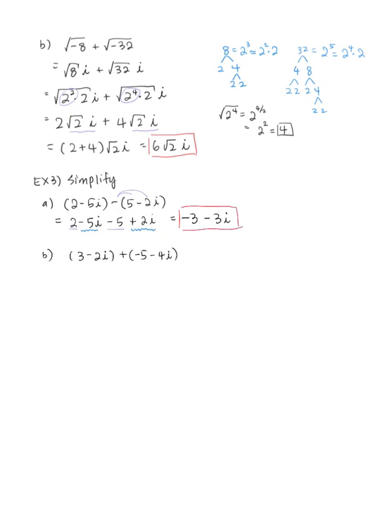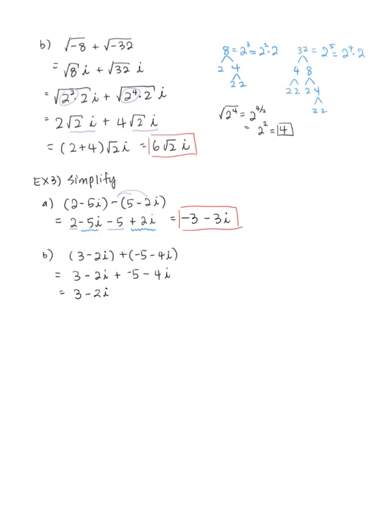3 minus 2i plus negative 5 minus 4i. So try this on your own and see if you can do this. Meanwhile, I'm going to start off with 3 minus 2i and then plus negative 5 minus 4i. And I'm going to rewrite this.